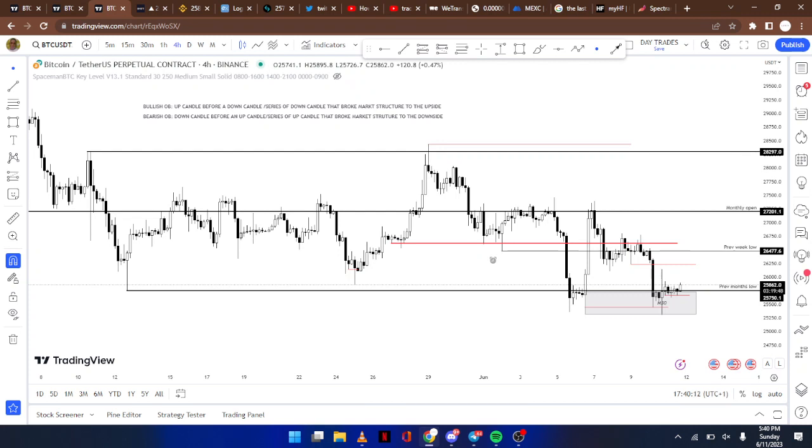So let me look for a bearish breaker now, right? The mic was not turned on initially. Let's look for a bearish breaker.